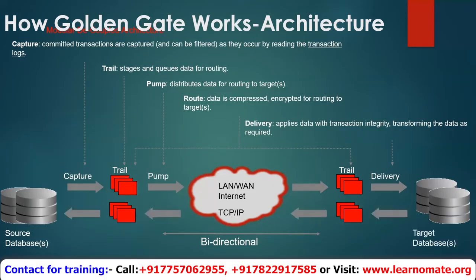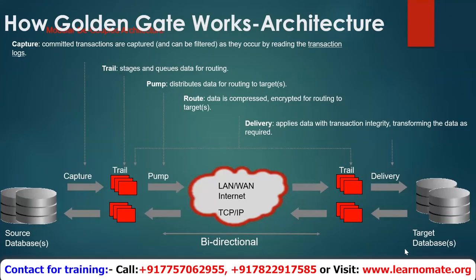GoldenGate also supports bidirectional replication. So what does bidirectional mean? Bidirectional means both the sites are live. Whatever transactions happen on site A will be replicated to site B. Similarly, whatever transactions are done by the application on site B will be replicated to the site A database.